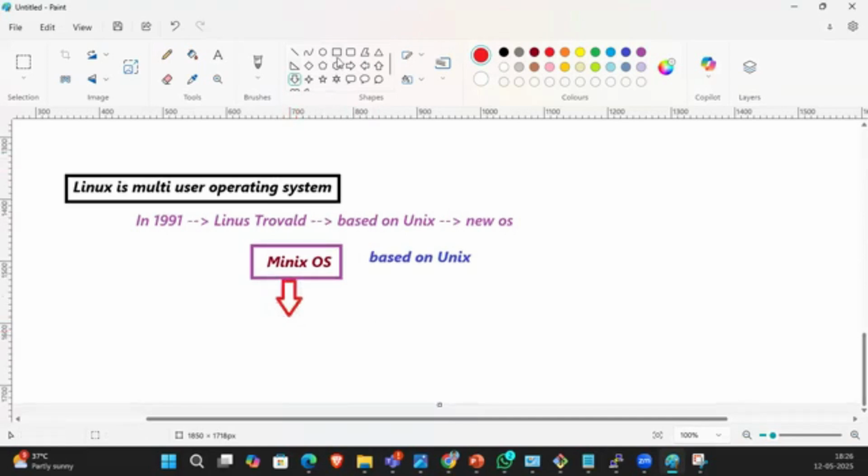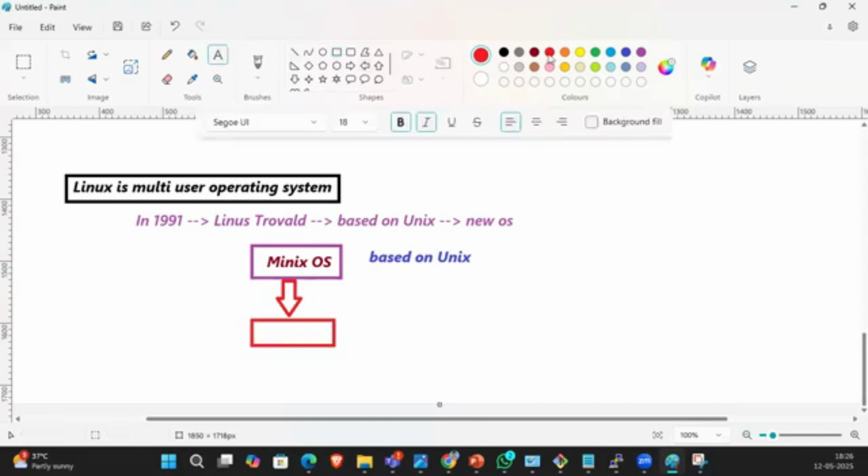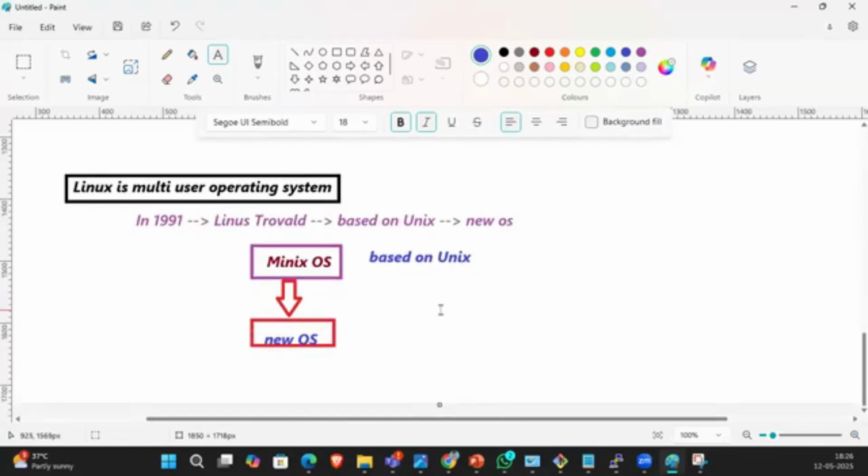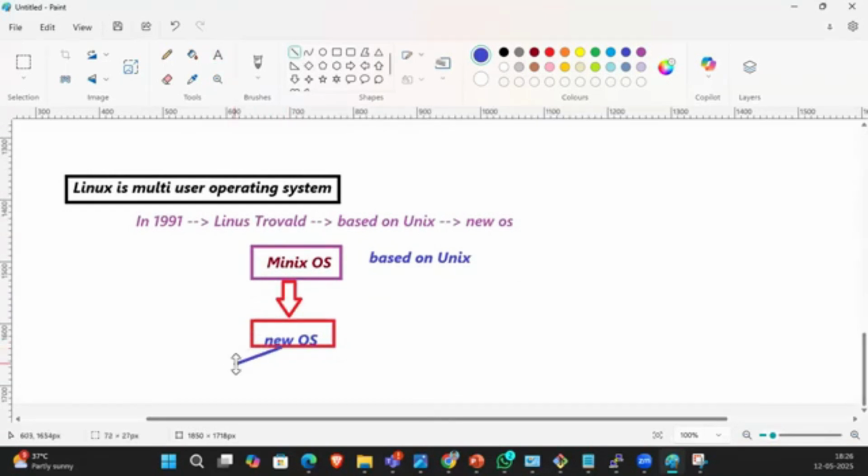So what is that OS, guys? He was thinking about a new name for this OS. Then he realized and created a name like this.